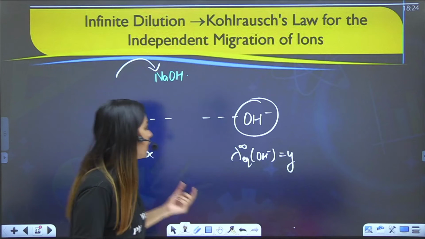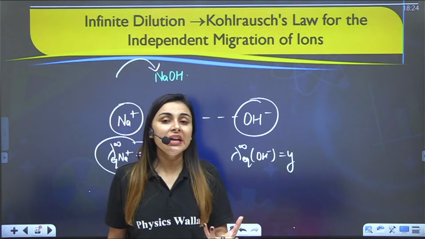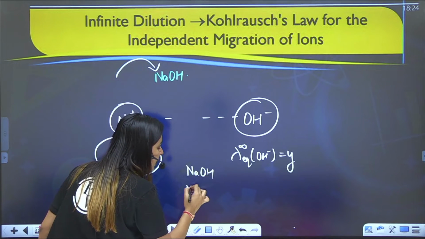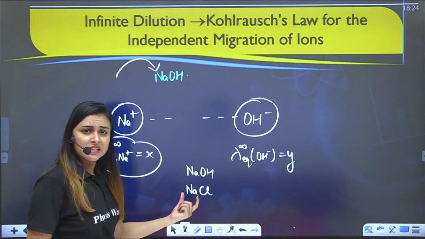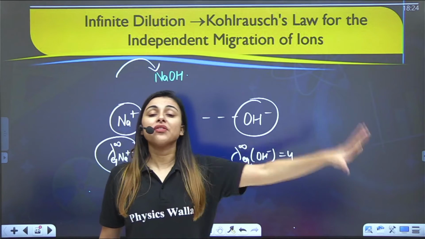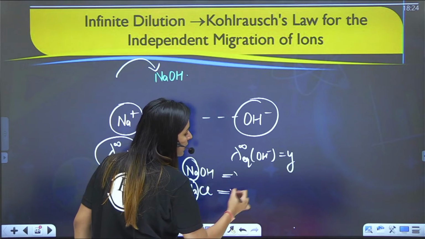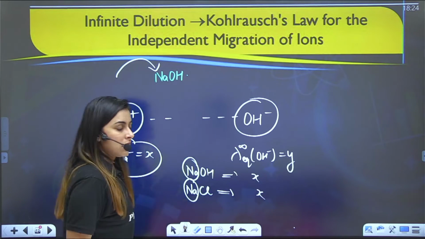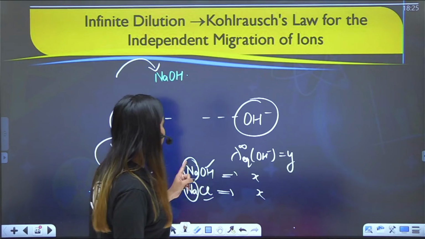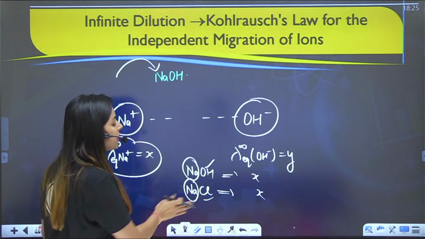This means that this X value for Na plus is its own, be it present in NaOH or be it present in NaCl. The equivalent conductivity or the molar conductivity at infinite dilution of Na plus in both of them will be X. Yes, OH minus and Cl minus will have different values, but the value for Na will be the same in both.